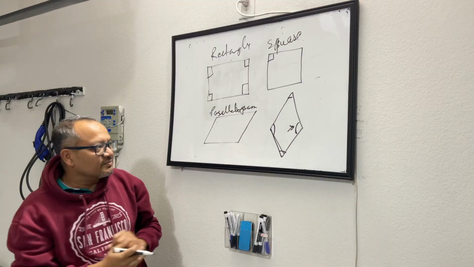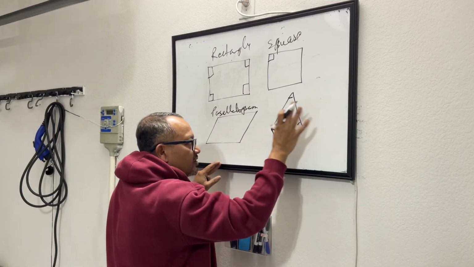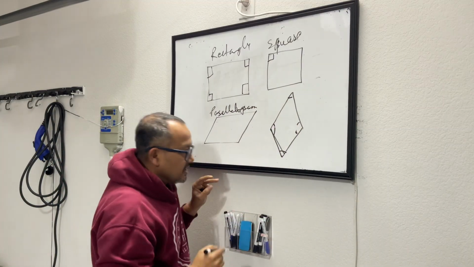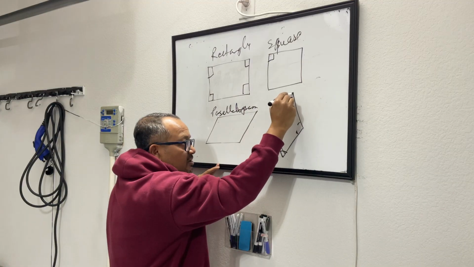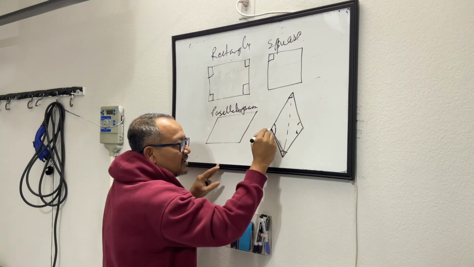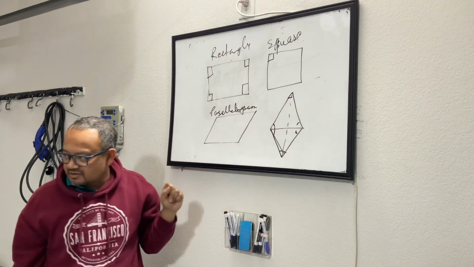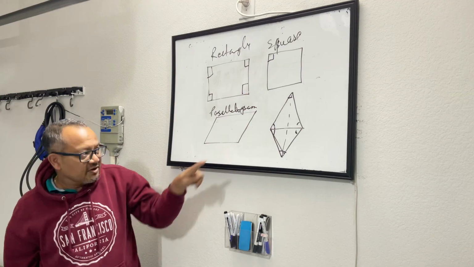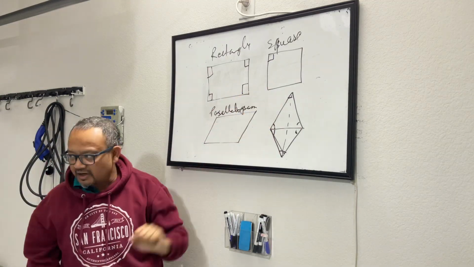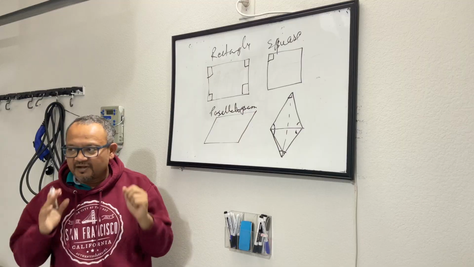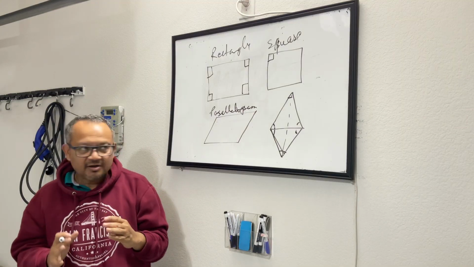And then there's one more interesting property of a rhombus that we need to be aware of. When you join the two opposite corners, they are called diagonals. And they play a very, very important role.